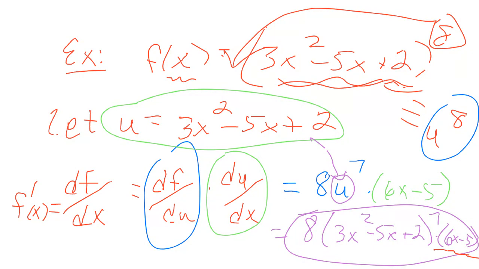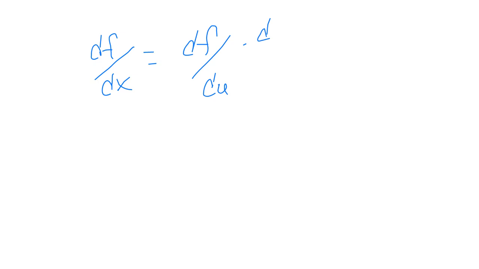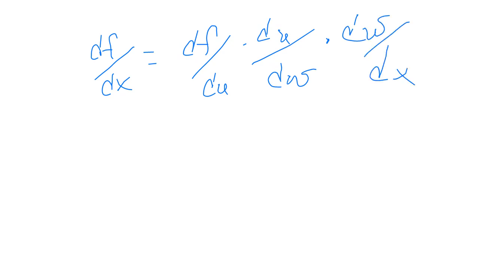And we could have multiple chain rules back in Calc 1 as well. This is not in the notes, but we could say, if I have df dx, I could have the derivative of f with respect to u, and then instead of du dx, I might use w, so du dw, and then w is in terms of x, so times dw dx.